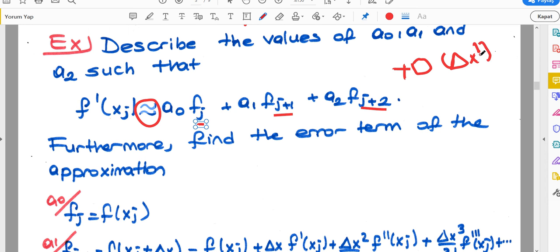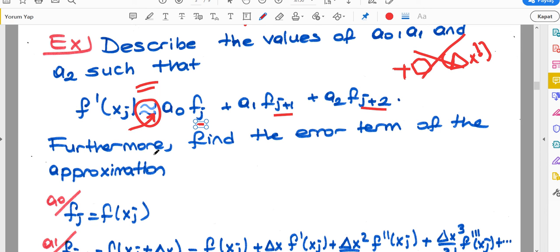I am writing it with a question mark, but it doesn't matter. If you also add the order of approximation, then it turns into equality. But because I didn't write the order of approximation, we are using the approximation.